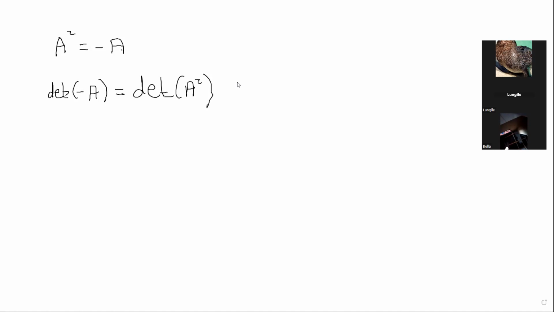Oh, a singular matrix. What is a singular matrix? It's a matrix that doesn't have an inverse, right? So if it doesn't have an inverse, that means the determinant is 0. They give us that information.